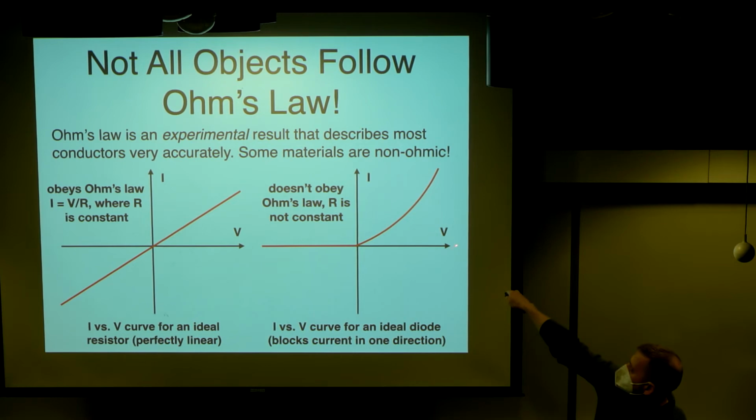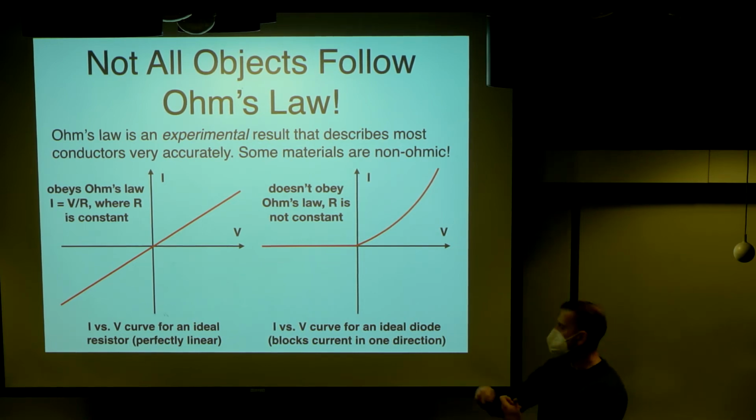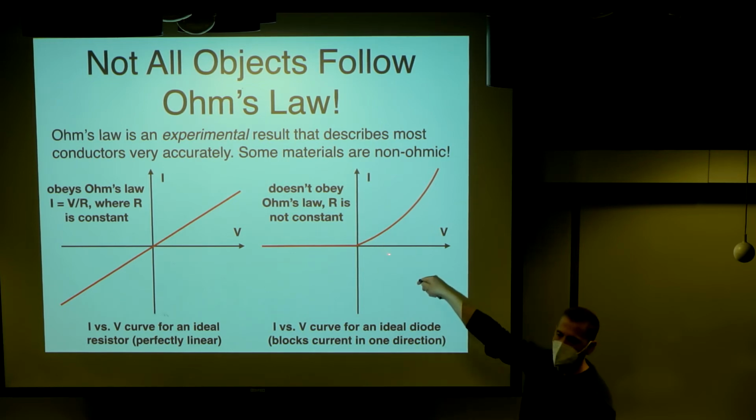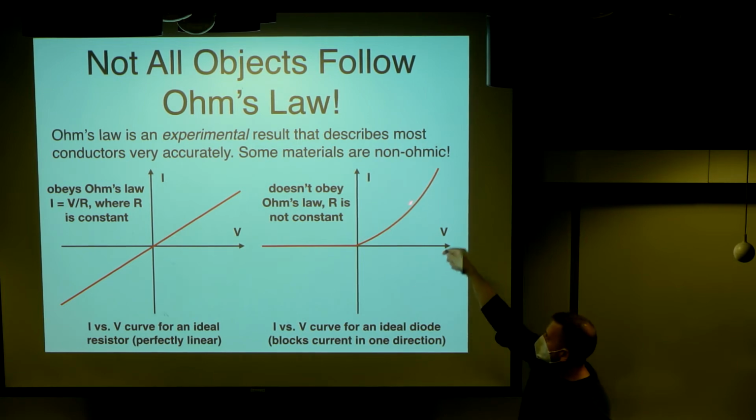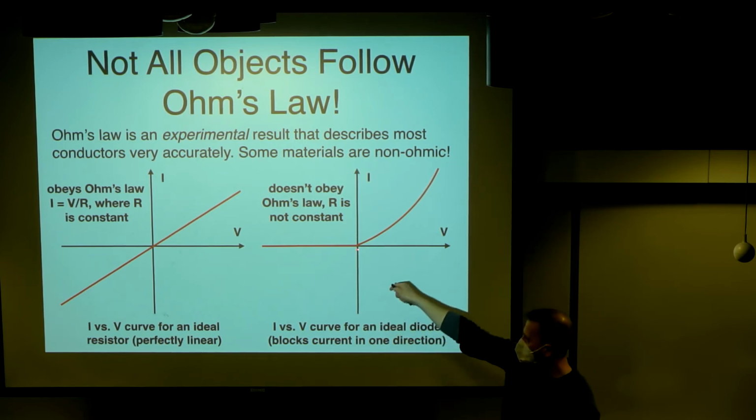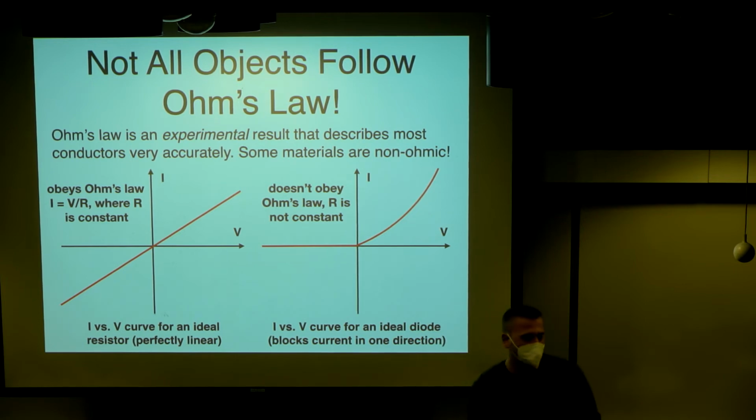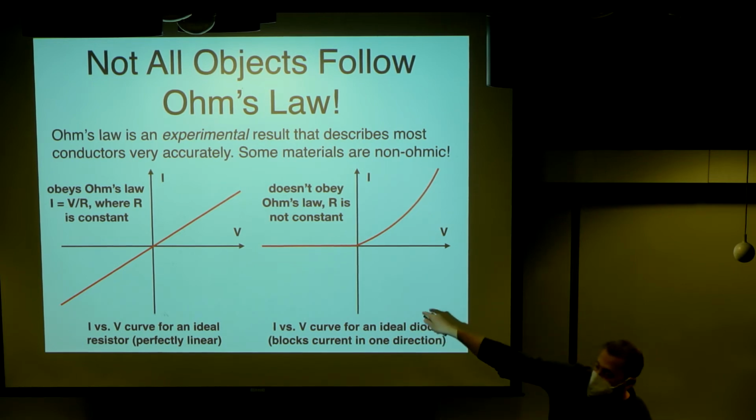So for positive values of your applied voltage, this is called applying voltage in the forward direction for your diode. You would get some current out. And if you applied more voltage, you get more current out, and it would look something like this. There would be a kind of growth of the current you get as voltage increases. But then, if you go to negative values of V, you apply voltage going the other way, you essentially get no current out.